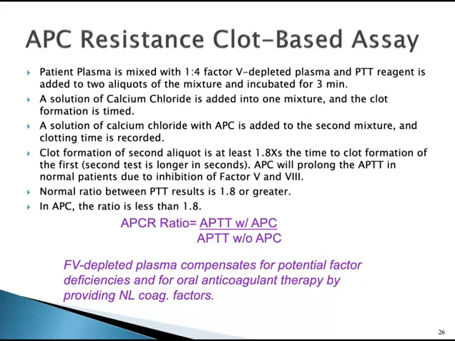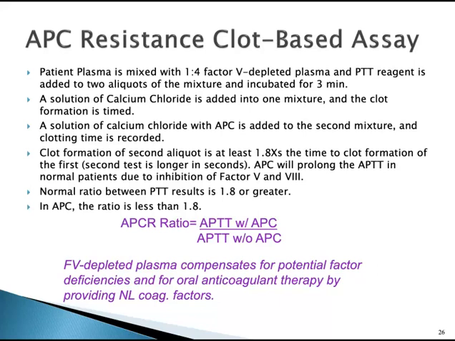A solution of calcium chloride is added to one mixture and the clot formation is timed. A solution of calcium chloride with activated protein C is added to the second mixture and the clotting time is recorded. Clot formation of the second aliquot is at least 1.8 times the time to clot formation of the first. The second test should be longer in seconds.